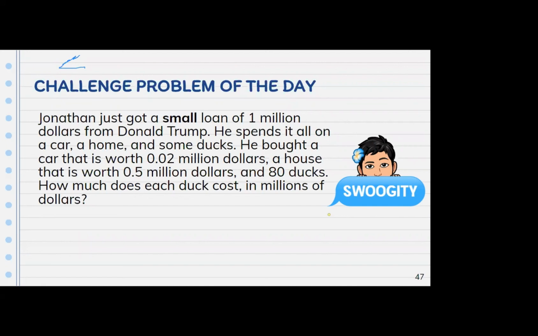Oh, my bad. I think I was muted when I said that, but apparently I said I like ducks. I spent all my money on a house and a car. I don't have anything else to spend it on, so why not spend it on some ducks?